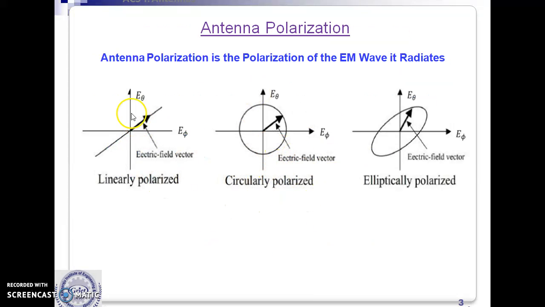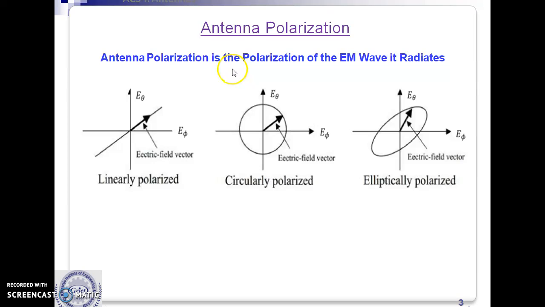Antenna polarization. So you know about wave polarization. Antenna polarization is also similar. So we say an antenna is, let's say, linear polarized. Its meaning is that the radiated EM wave from this antenna is linearly polarized.